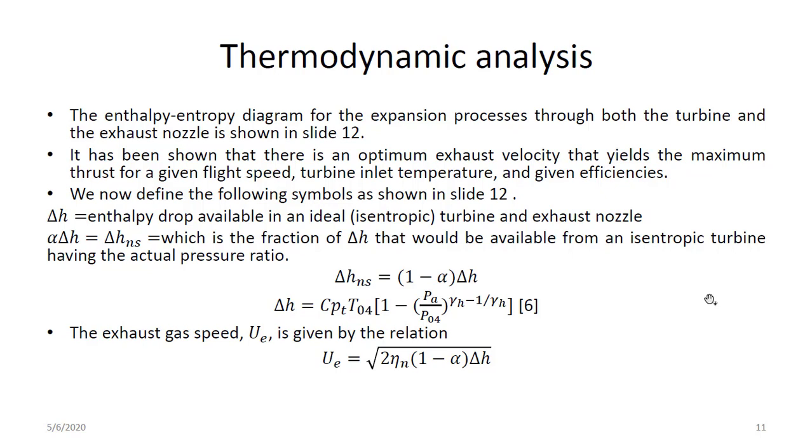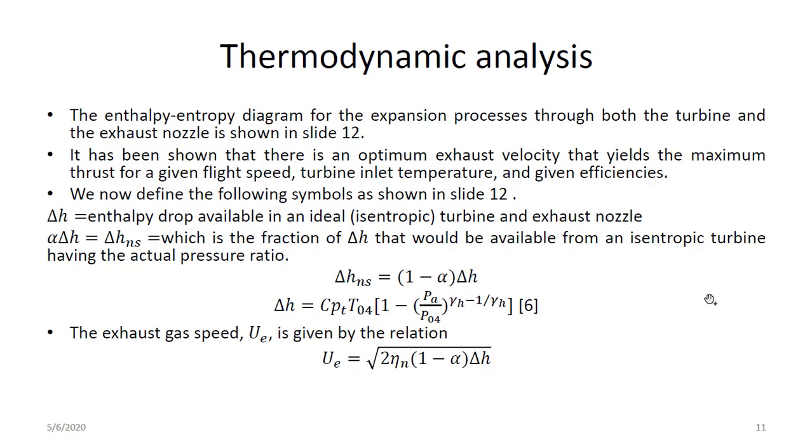So the change in enthalpy between state 4 and state 5 is given by equation 6, where you've just substituted, since PA is equal to P5, which you can substitute and use the isentropic relation for temperature, and you'll get this change. And the exhaust speed will be given by this formula.